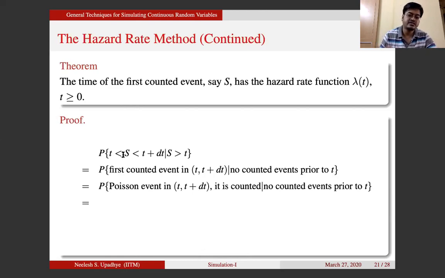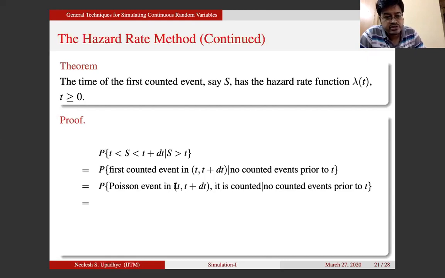So it's an intersection of two sets. That is, a Poisson event happens in the interval t to t plus delta t, and it is counted as well, and there are no events prior to t. Now we will use the memoryless property that we discussed for exponential random variables, because the interarrival times are exponentially distributed.